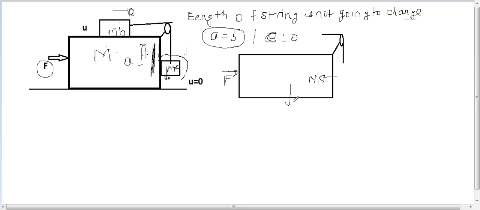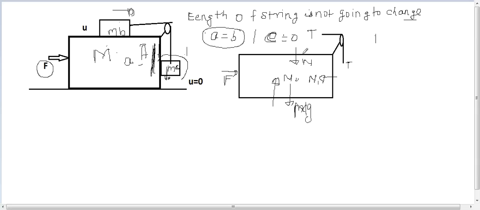This is mg, this is capital Mg. And here this is N2, and this is N. And this is T, this is T.